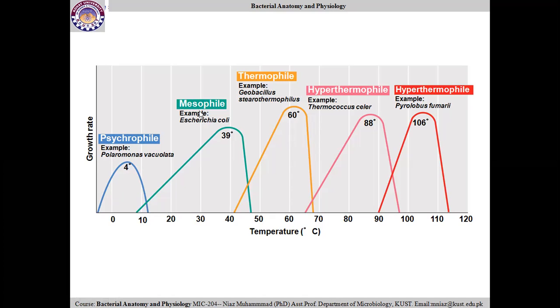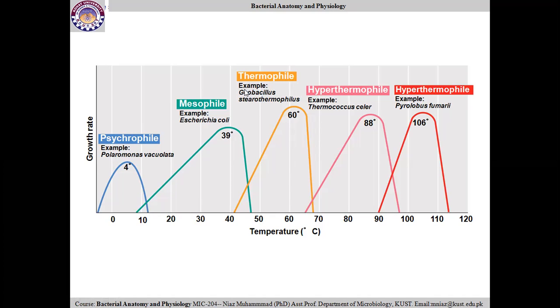About mesophiles, an example of a mesophile is Escherichia coli, which has the ability to grow from 10 degrees to 45 degrees C, and the optimum temperature for this microorganism is 39. So this is called a mesophilic microorganism.